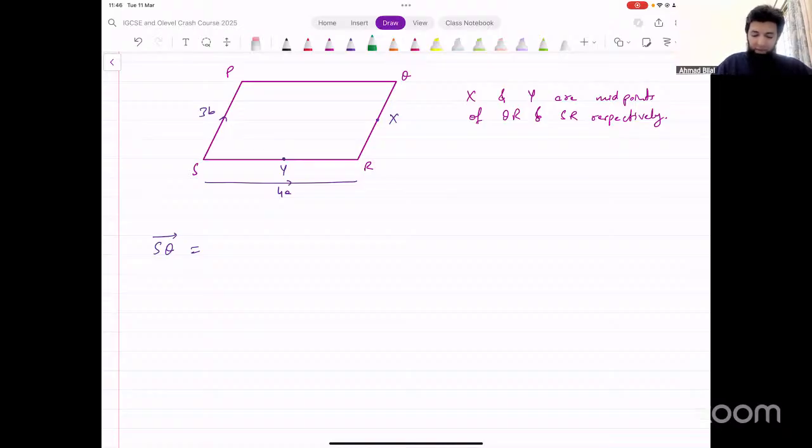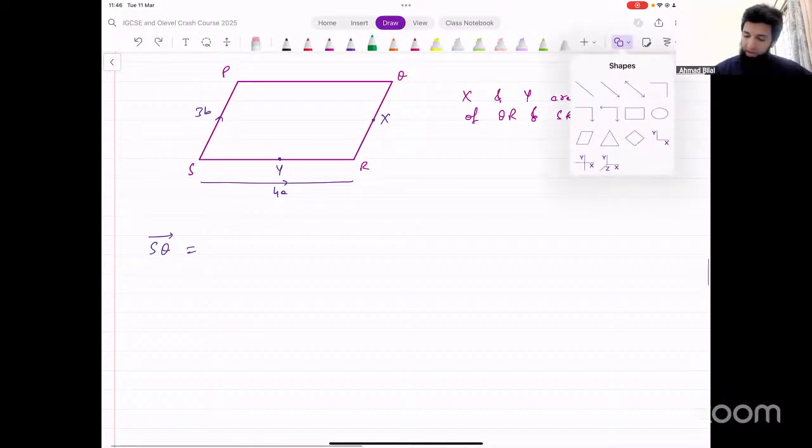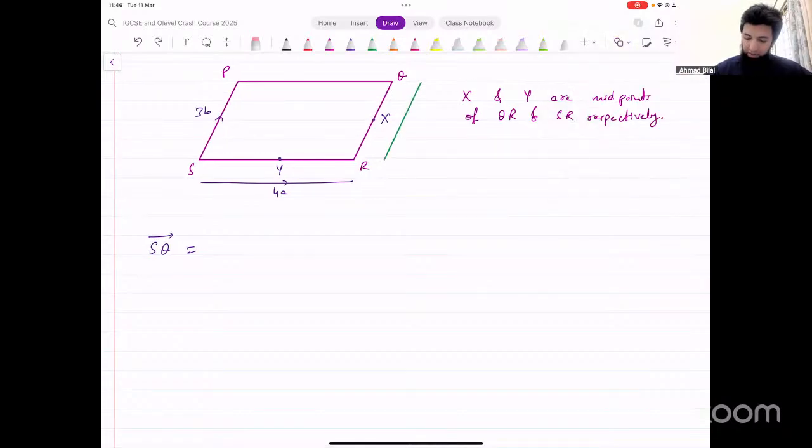Since the vector SP is 3B, what does that tell us about the opposite vector, RQ? It's parallel and equal, since it's a parallelogram. This is also going to be 3B. And similarly, if this vector is 4A, the vector on top is also going to be 4A.